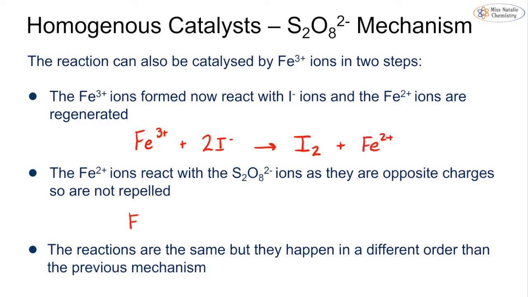And then the Fe2+ will react with the S2O8 2- because of course they're opposite charges, so there's no repulsion happening here. And we make our 2 sulfates and we regenerate our iron catalyst. So the same mechanism, same reactions, just in a different order of the previous mechanism.